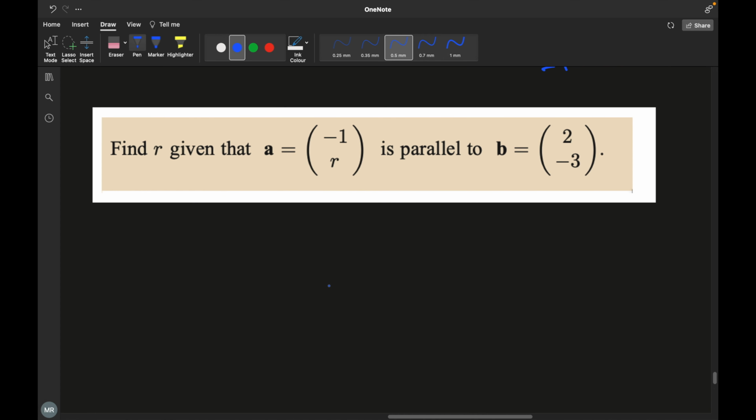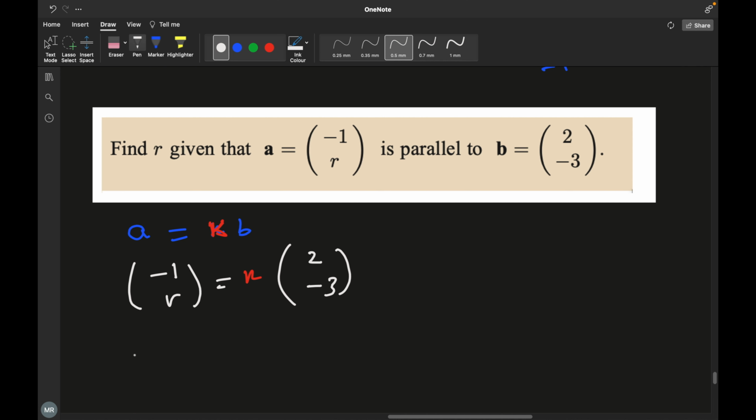This is also a very similar question. It's A equals kB. And now A is (-1, r) and k multiplied by (2, -3). -1 equals 2k, or k into 2, and we can deduce that k is -1/2.